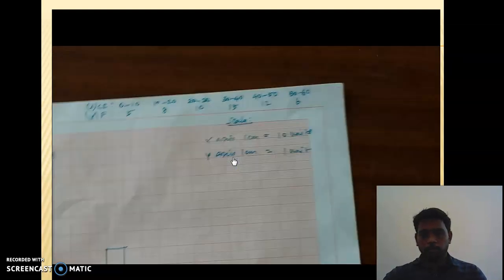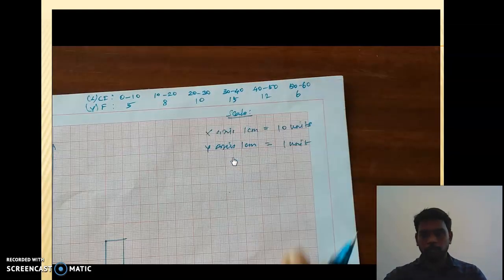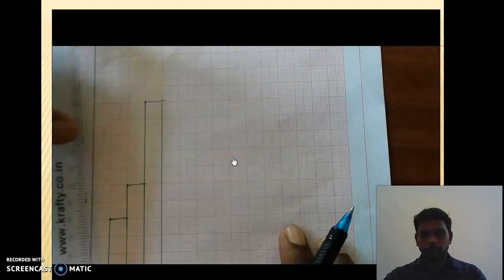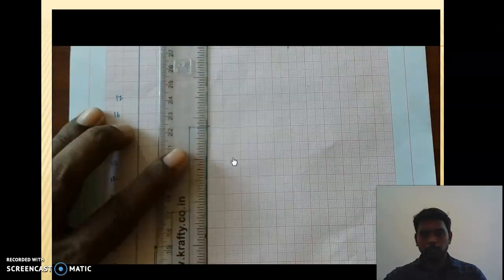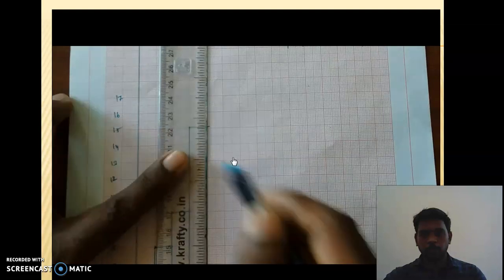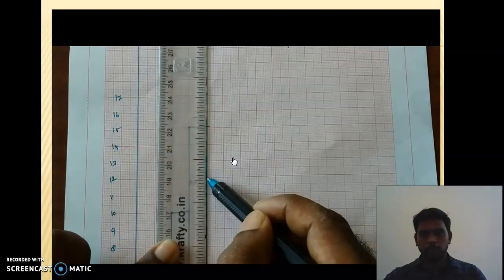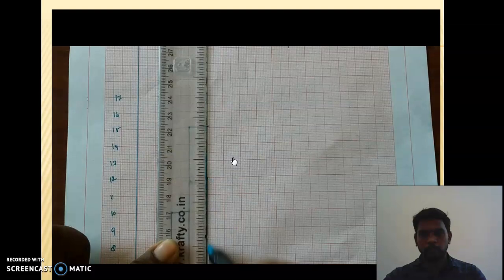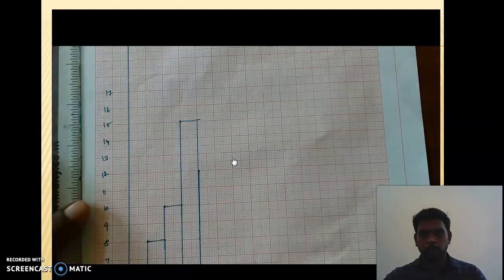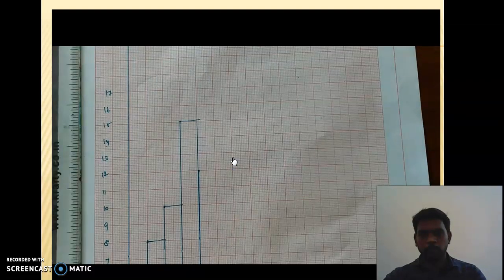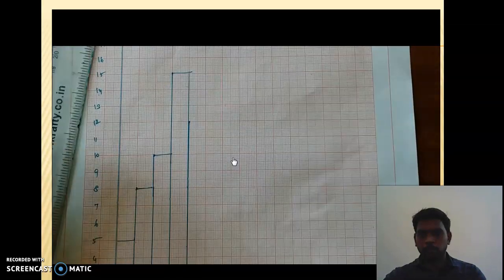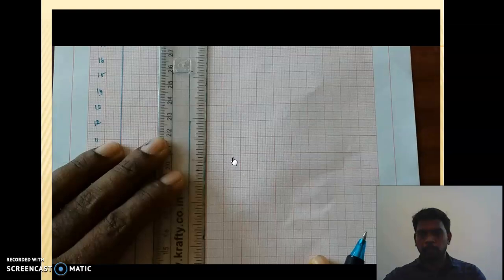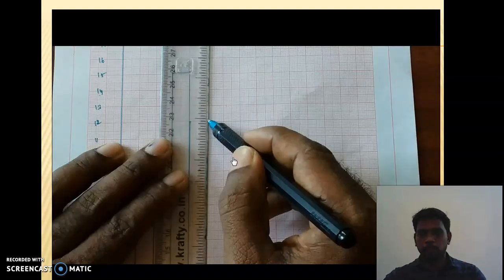Next, 40 to 50 is 12. Again start from the edge of this bar, then go up to 12. So 12 is here. Then at 50, that is 40 to 50, you can draw one more vertical line like this.